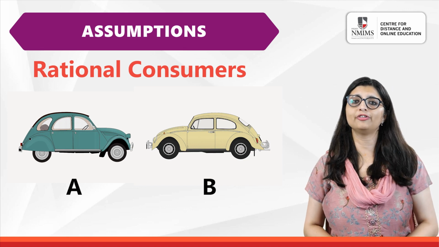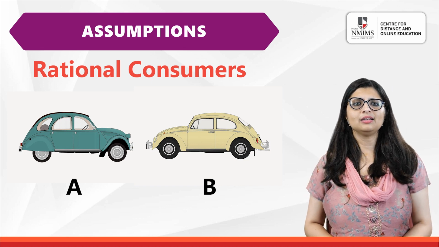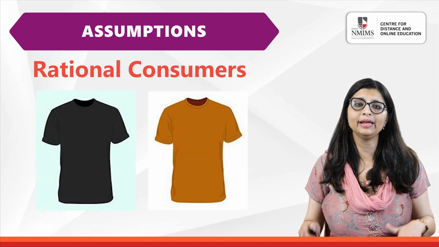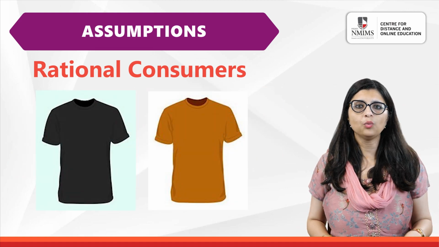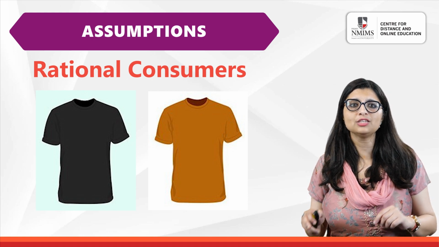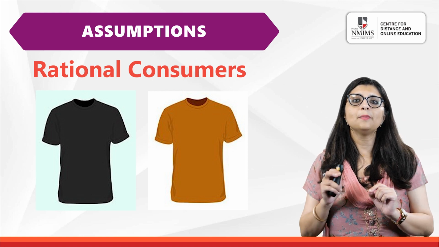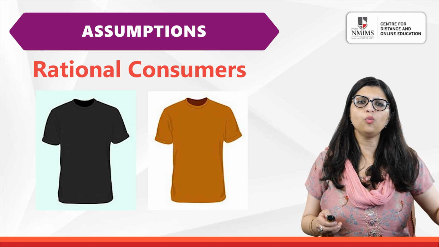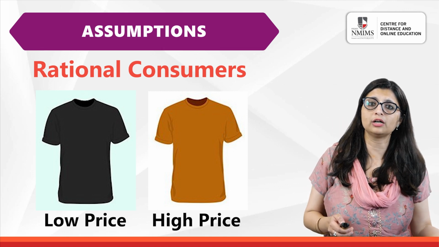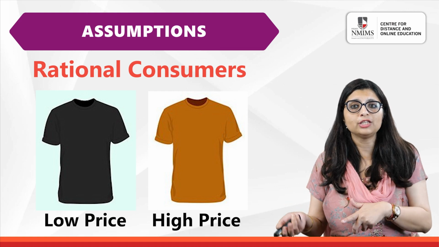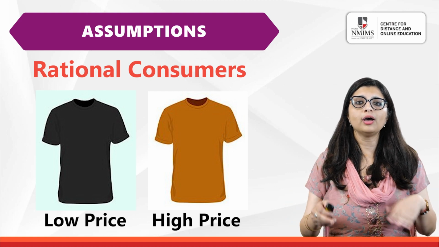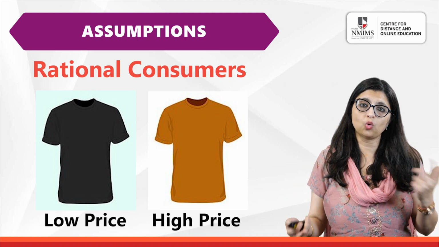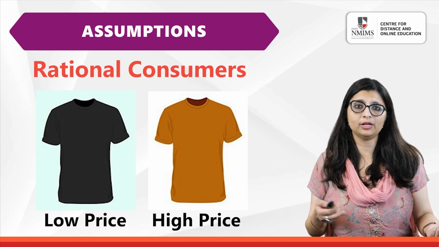Let's assume a different example. Let us assume that there are two people who want to buy t-shirts. We can divide the preferences of these two people based on the prices of the t-shirt. While one consumer may go for a cheaper product because it fits their budget, another may go for high-end pricey goods because they want good quality and durability.